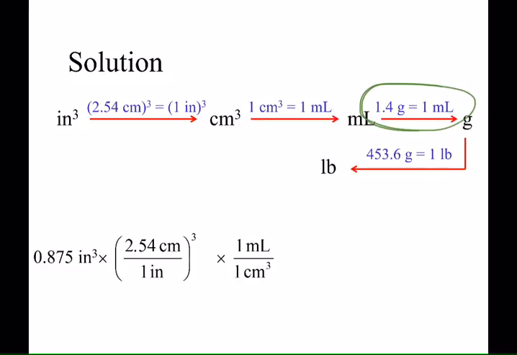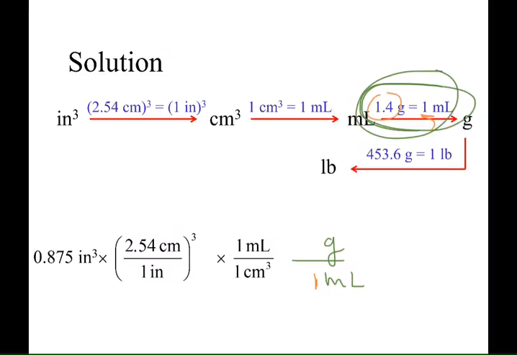If we want milliliters to cancel and we want to be left with units of grams, we're going to use density. So do you see where I'm going to put what? 1.4 grams over 1 milliliter. That's the non-flipped version of density, basically. Okay, so units of milliliters cancel.